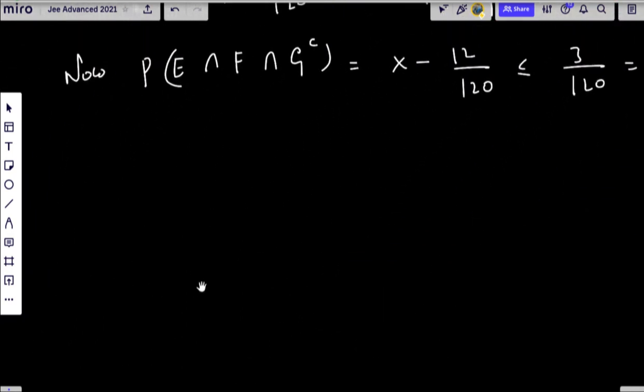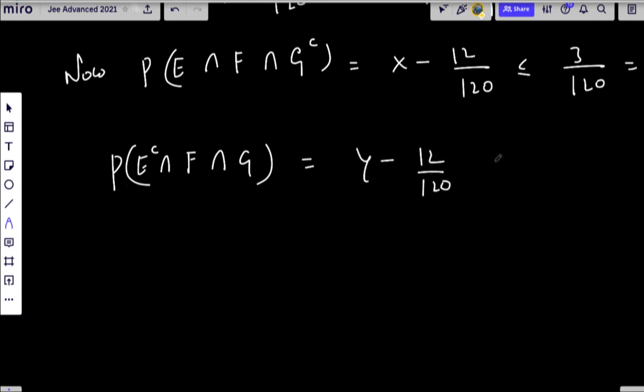So that will be y minus 12 by 120, right? This will be less or equal to 80 by 120. Okay, so when you make a weight diagram, then the problem will become easy. 1 by 15 you will get.